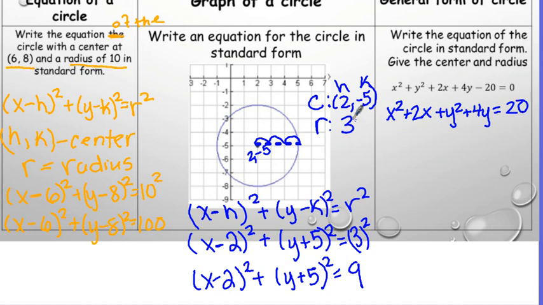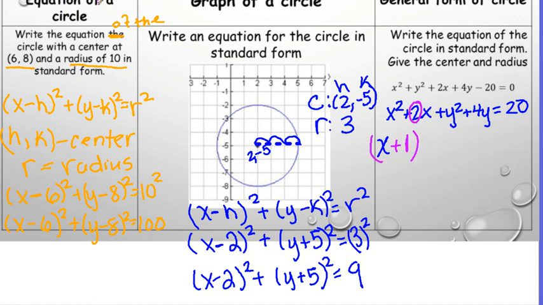Now I'm going to do what we call completing the square. So here I'm going to write x, and I'm going to keep the sign that's there, plus I'm going to take half of 2, which is 1.